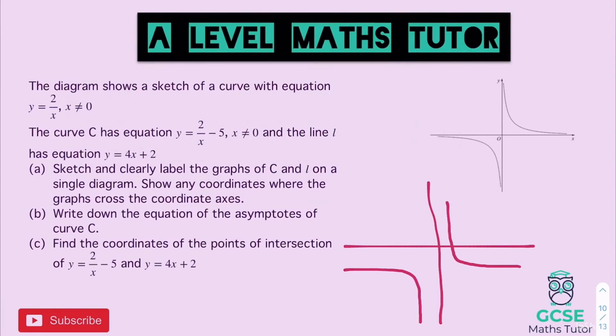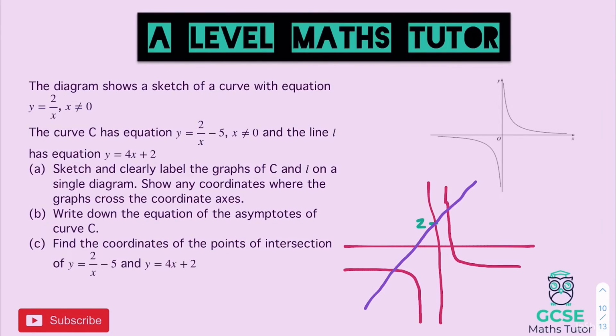So if we imagine where 2 is, our graph is going to pass through that. It's going to be quite a steep gradient, but I'm not going to worry too much about making it look perfect. Again, it is just a sketch. And let's extend that reciprocal graph slightly. So there's our two graphs, and there is our little sketch.